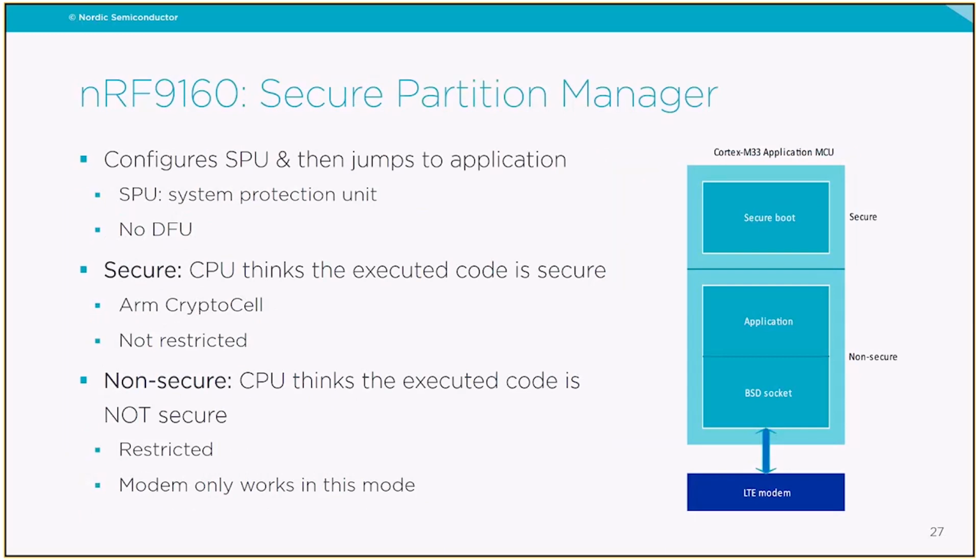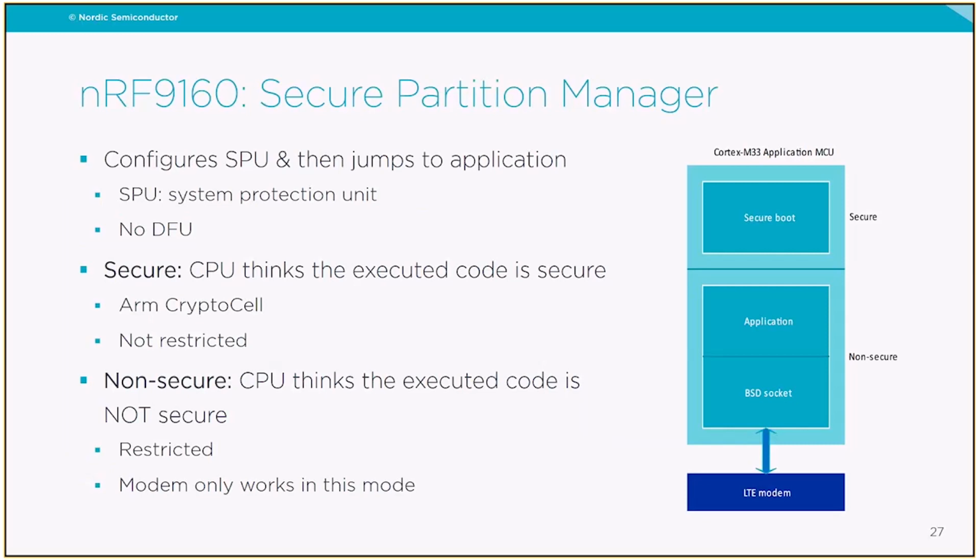So here you can see on the diagram on the right-hand side, you have the secure part of Flash and the non-secure part of Flash. So the secure boot is run on the secure part, and then on the non-secure side you have the application code and also the BSD socket, which is used to communicate to the LTE modem.